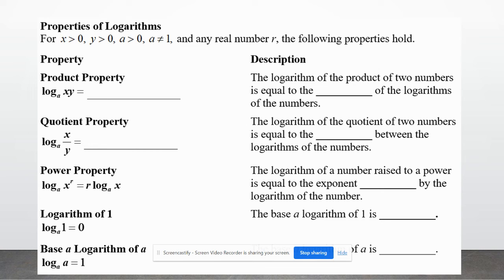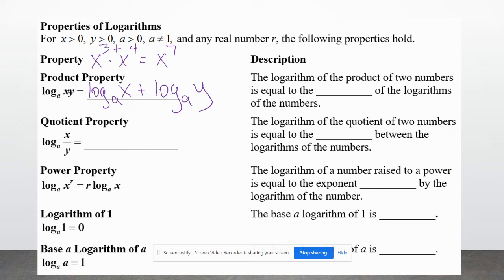Logarithms. Remember, logs are inverses of exponential functions. And so if I look at the property, if I had x to the third times x to the fourth, the exponent rule here would be to add 3 plus 4 to get 7. So our product property for logs, when we are multiplying, to expand them out, we change that to adding log a x and log a y.